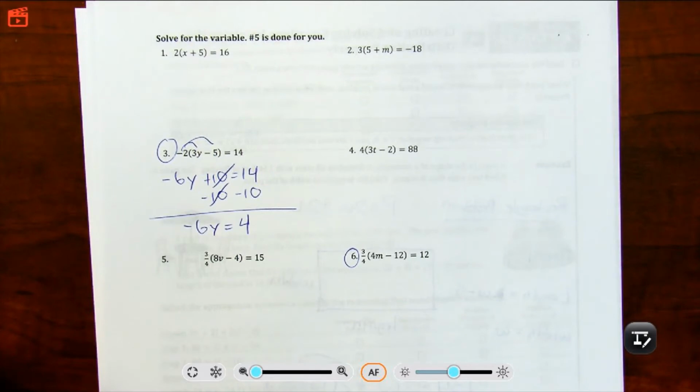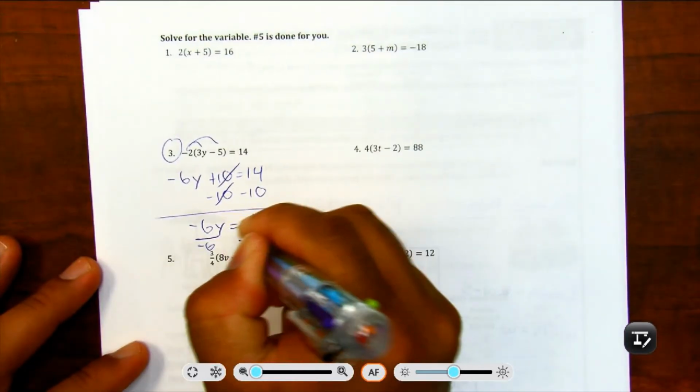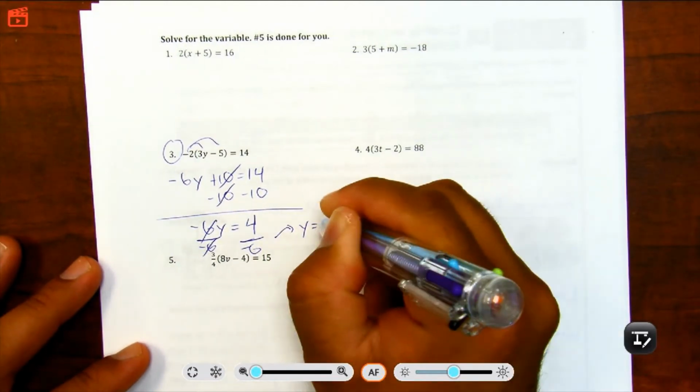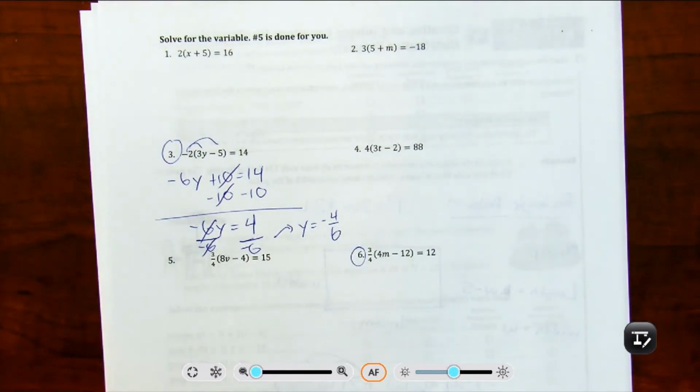And then we divide both sides by negative 6. And I'm running out of room here, but I'm just going to do it over here. Y is equal to negative 4 over 6. And we could reduce this fraction by dividing by 2. And y is equal to negative 2 over 3.